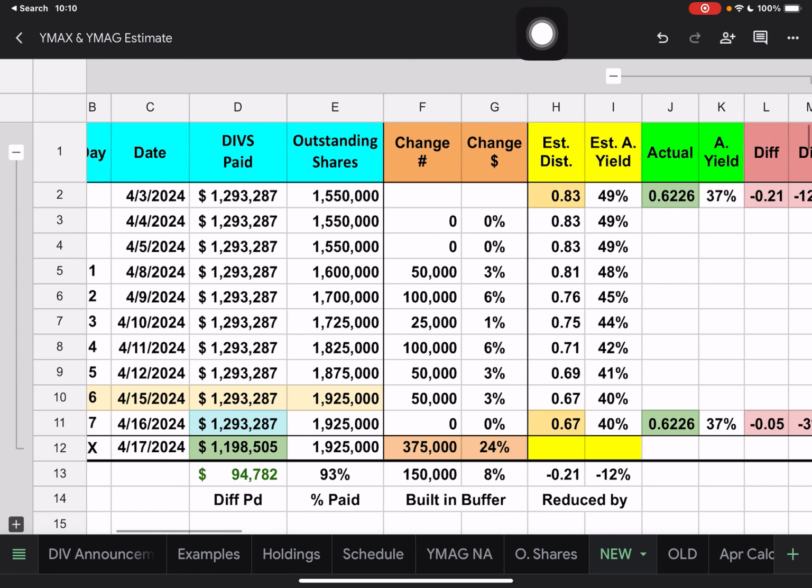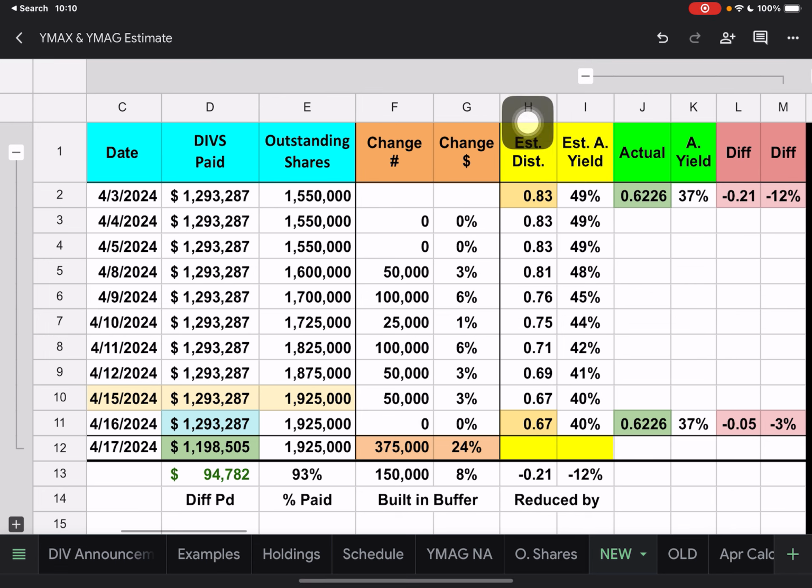And then I'll scroll over so you can see the other columns. The difference between that up front from day one and the actual was a difference of 21 cents a share, or a 12% decrease.